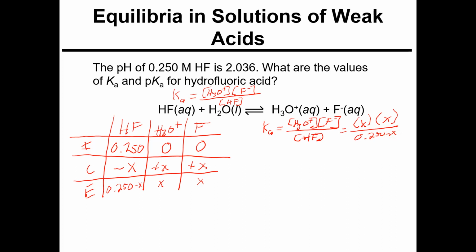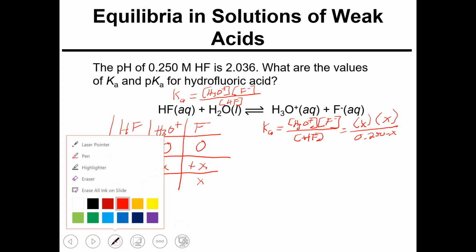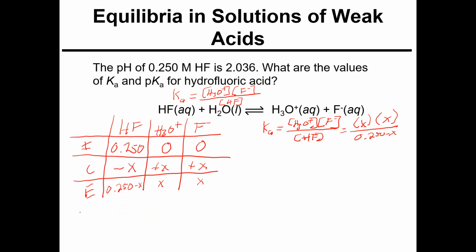Now we have the pH here, which will help us because pH is the negative log of the H3O plus concentration. So if we want the H3O plus concentration, then what we can do is take the inverse of the log.